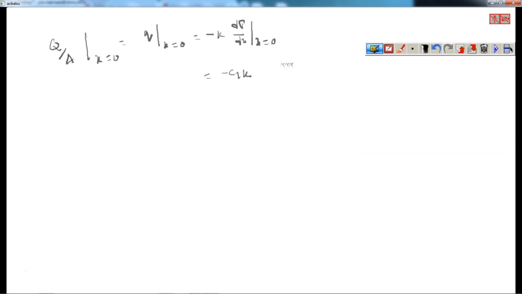C1 k. Why? Because here I will write it here. How you have got it is nothing but, since already I have defined dT by dx is equals to minus q dot by k into x plus C1, right? And when x is equals to 0, dT by dx is equals to C1, therefore this is C1 k, right?